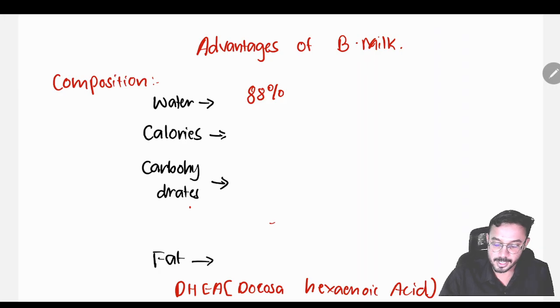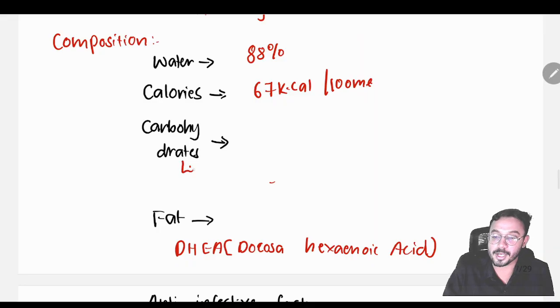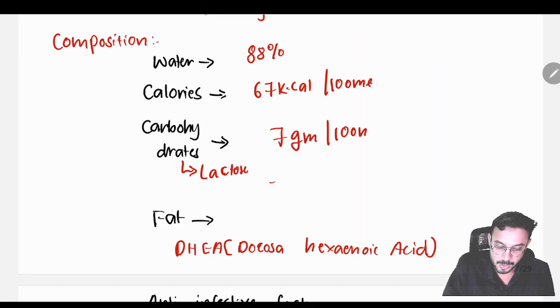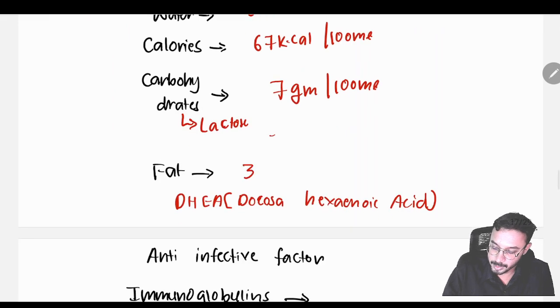Calories are 67 kilocalories per 100 ml. Carbohydrates are more in breast milk when compared to cow milk, such as lactose, 7 grams per 100 ml, and fat 3.5 grams per 100 ml.